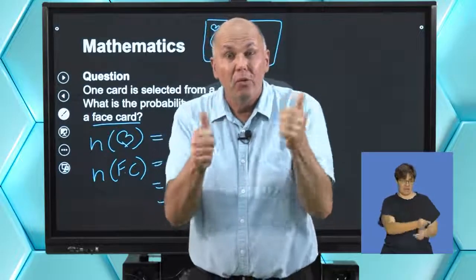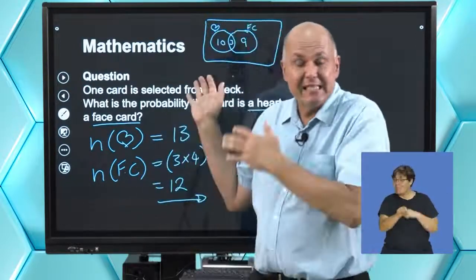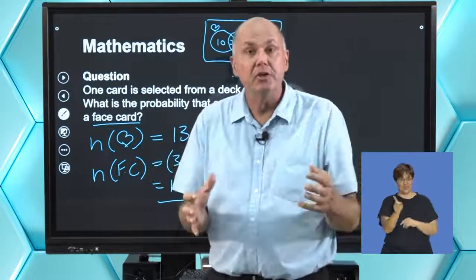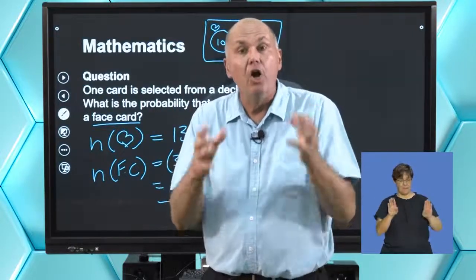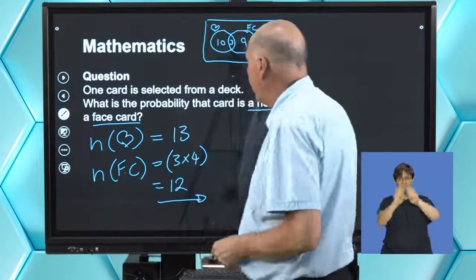Okay, so we're almost ready to do the calculation. Recognize that this situation is a situation where the 2 sets are not mutually exclusive because there's an intersection. So what are we going to do?